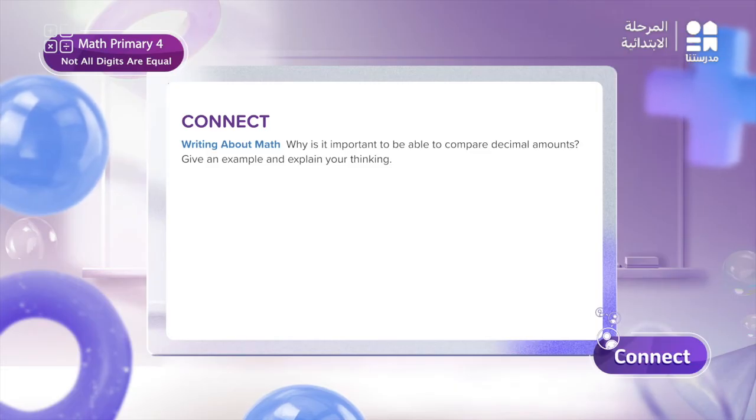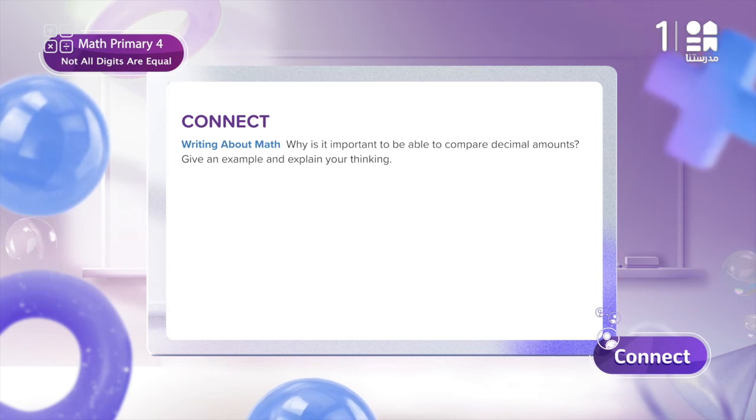you can answer the problems in the connect part on page 101 under writing about math. مطلوب منك ان انت تكتب رأيك على importance of comparing the values of decimals وكمان تدي example to prove your opinion.